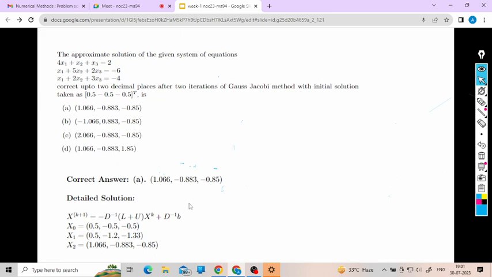The second value is, are you getting it, minus 1.1.